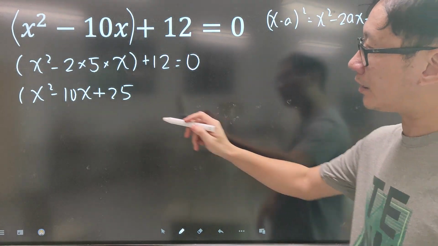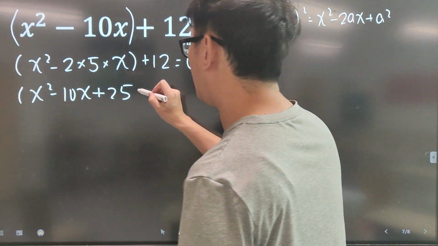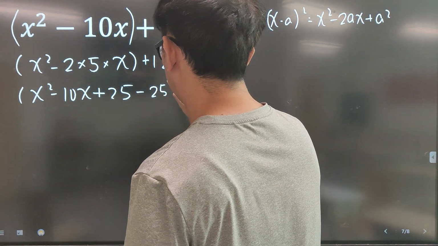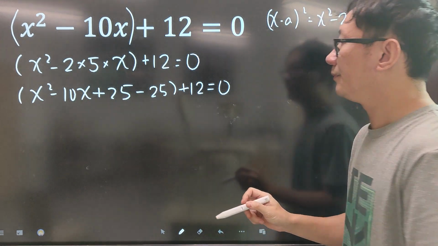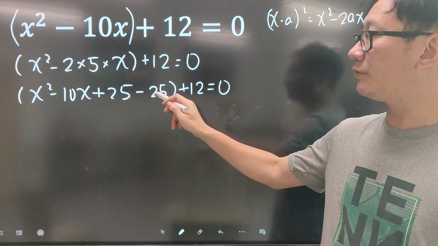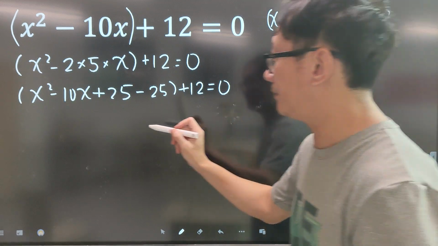But, you see, I can't just write 25. That would change the equation. So I need to minus 25. Next, I'm going to move minus 25 outside of brackets.